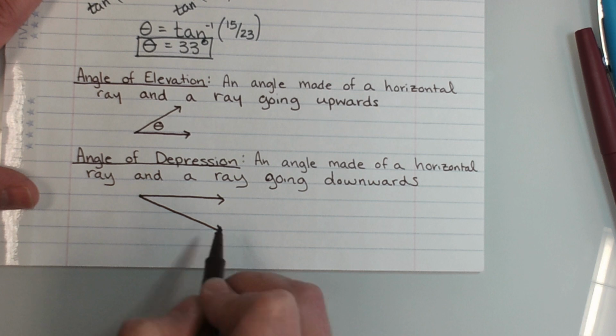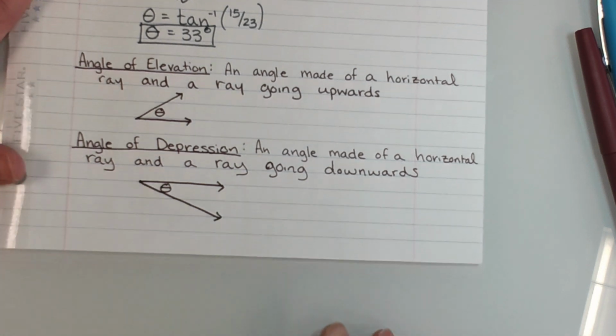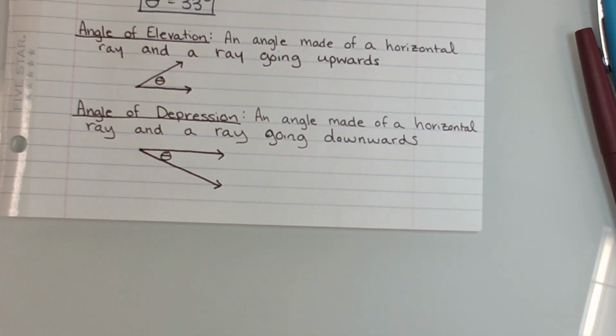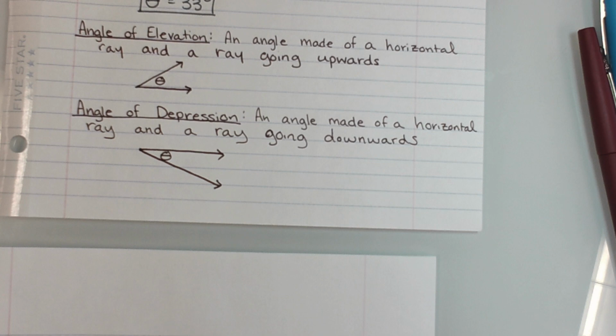Key thing with angles of elevation and depression is they are always made with a horizontal line. Far too often, people mark the wrong angle as the angle of elevation or the angle of depression because they don't pay attention to the horizontal piece. So you have to be careful of that. I've got one final example, and then we are done with notes.